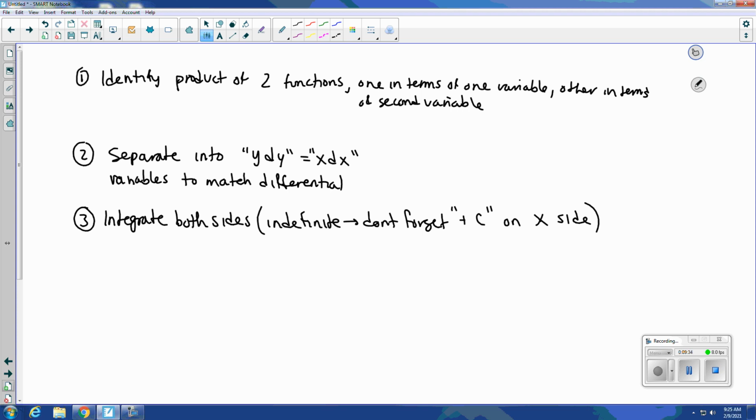Once we have integrated both sides, solve for y to get the general solution. If you need a particular solution, you can find the value of c either before or after step 4.